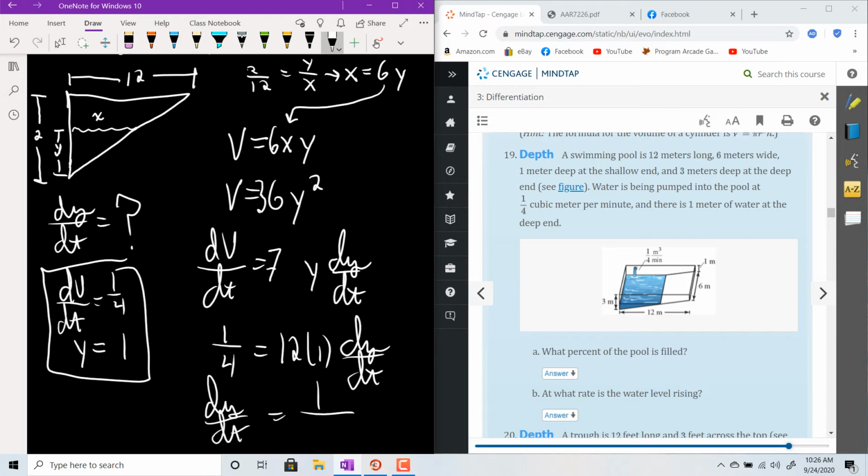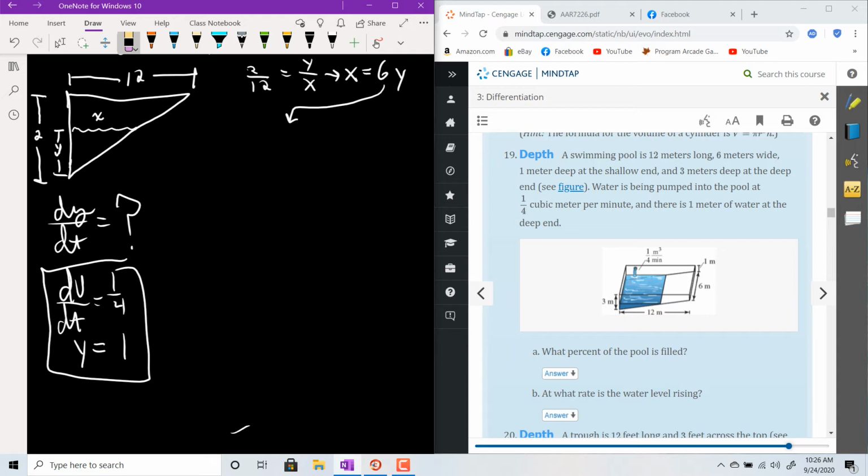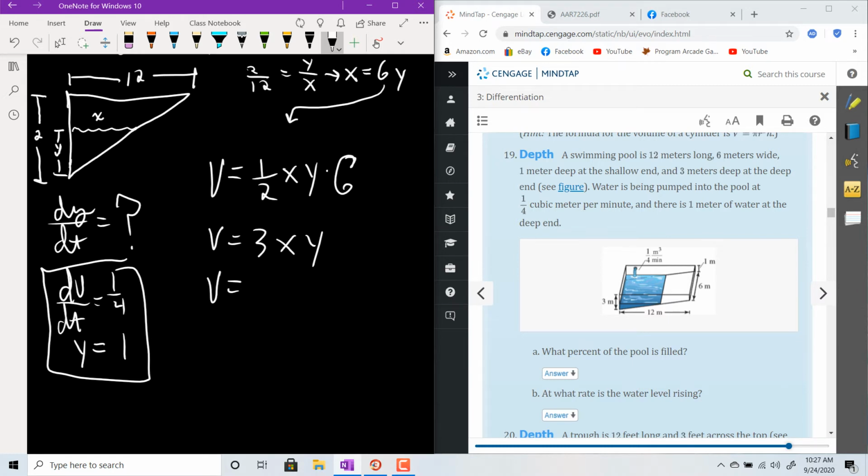Oh, the stupid formula is wrong for volume. All right, sorry. The formula for volume should be 1/2 base, which is x, times height, which is y, times the depth, which is 6. So this will be 3 times x times y. Then we do our substitution, so that'll be 3 times 6y times y, which is 18y squared.